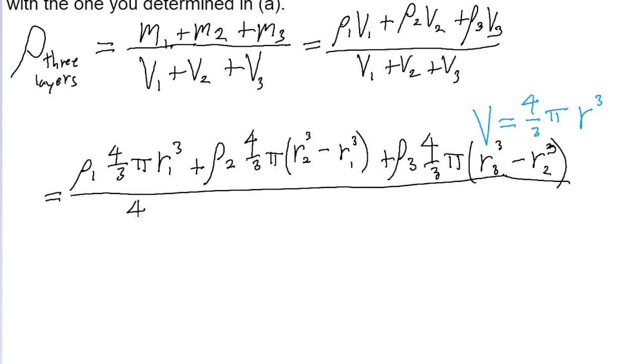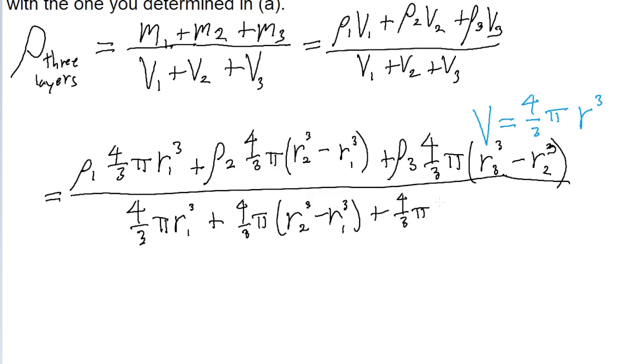So we basically just rewrite the formulas for volume that we just discussed earlier. So 4/3 pi r1 cubed plus 4/3 pi times r2 cubed minus r1 cubed plus 4/3 pi times r3 cubed minus r1 cubed.